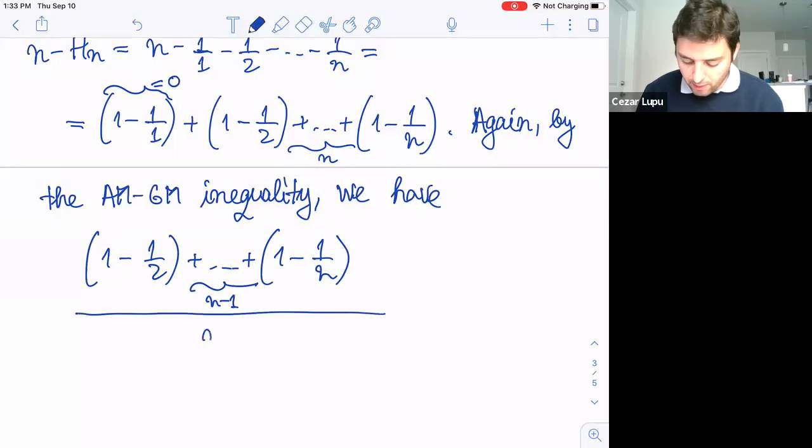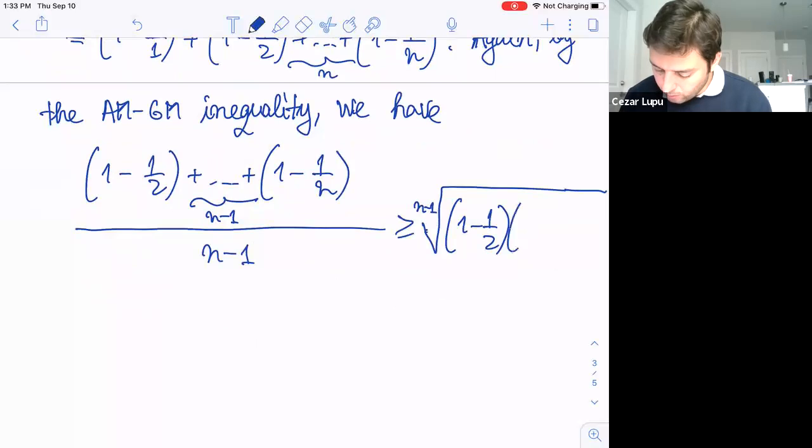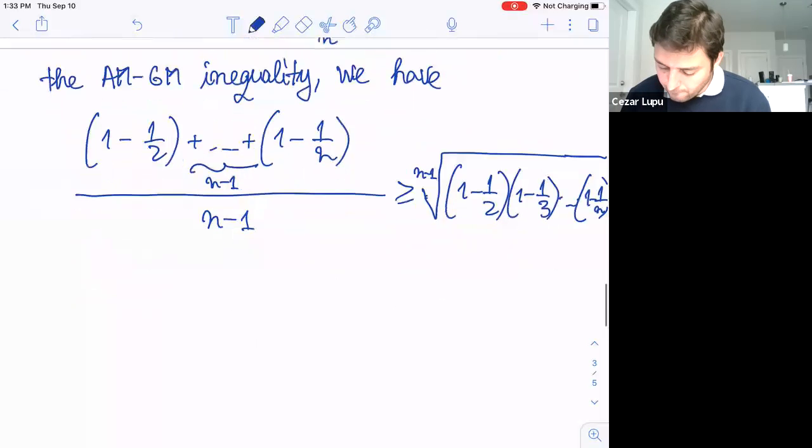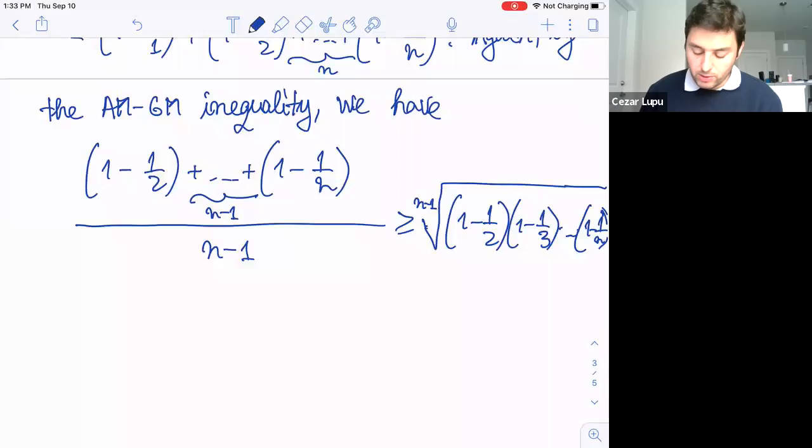And I'll put here over n minus 1 will be greater or equal than the n minus 1 root of their product: 1 minus 1 half, times 1 minus 1 third, and we're going all the way times 1 minus 1 over n. Right? So this will be equivalent with.